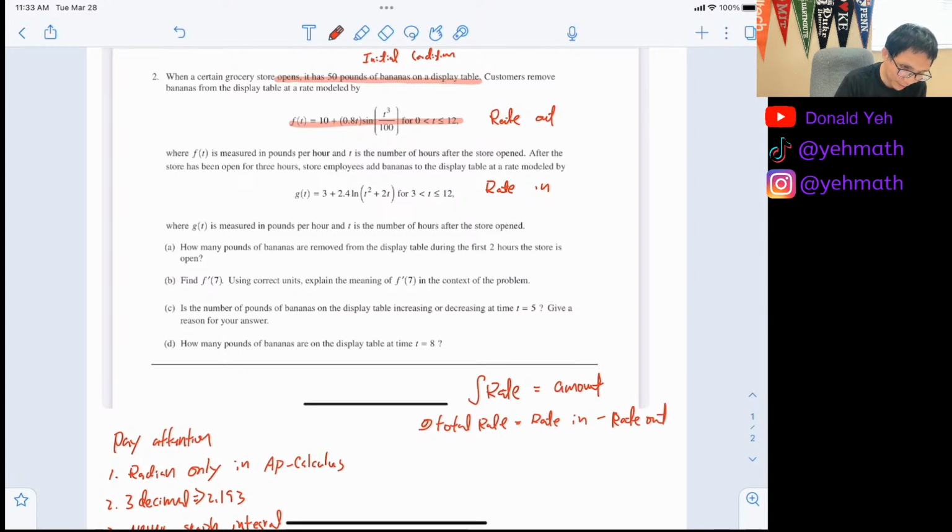Am I going too fast? What's the derivative of the rate? That's a good question. What's the derivative of the rate? For example, part B, you see that. The derivative of the rate is the rate of the rate.